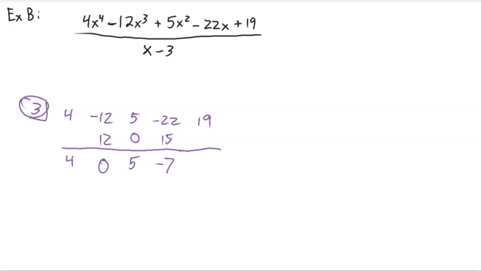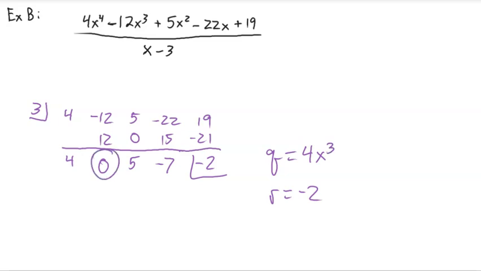Negative 7 times 3 is negative 21. And negative 21 plus 19 is negative 2. And so our remainder is negative 2. And our quotient is, we started with a power of 4, and now we're going to go down to a power of 3. So that's 4x to the third power. And now look at this.